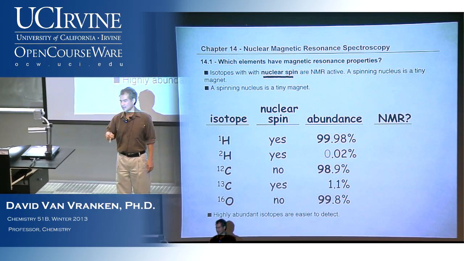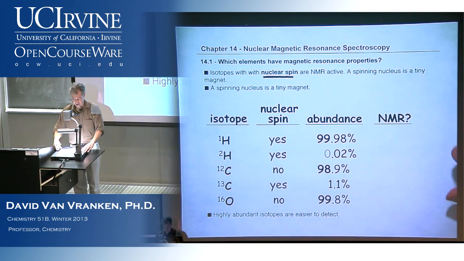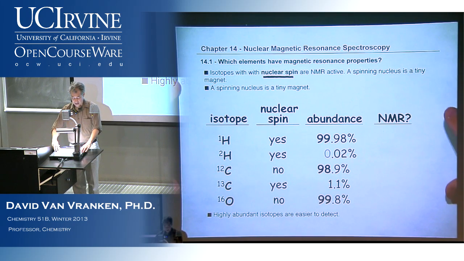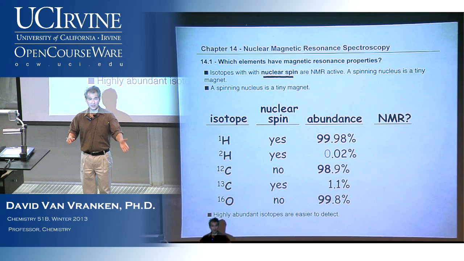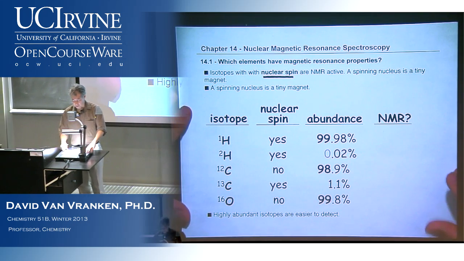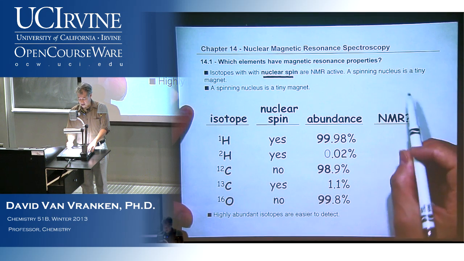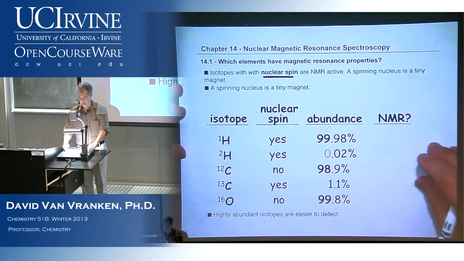So if I take an individual element, such as a hydrogen atom, there's multiple different isotopes. There's protons, there's deuterium, there's tritium, and they're not all visible by NMR. So in order to be visible by NMR, a particular isotope has to have a property called spin.